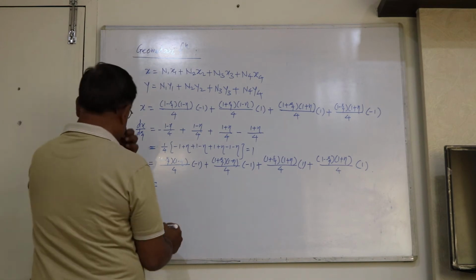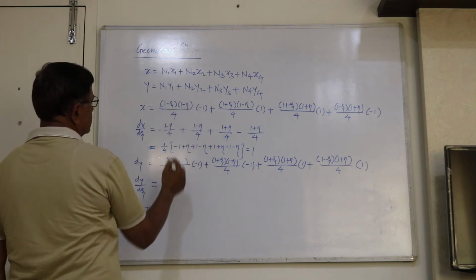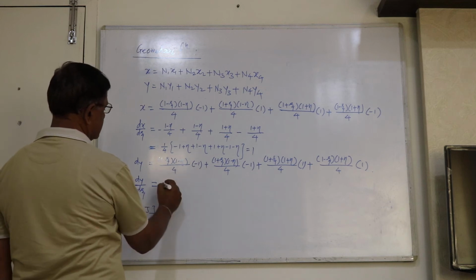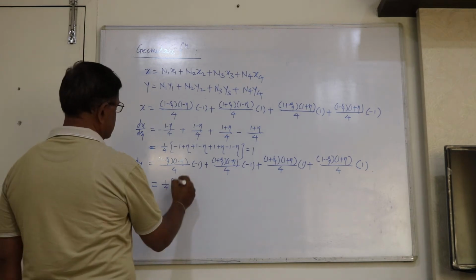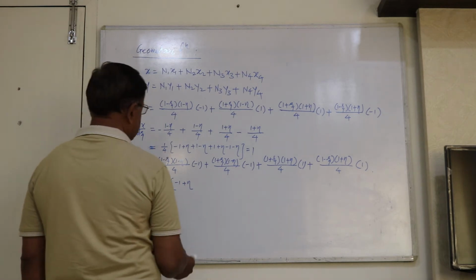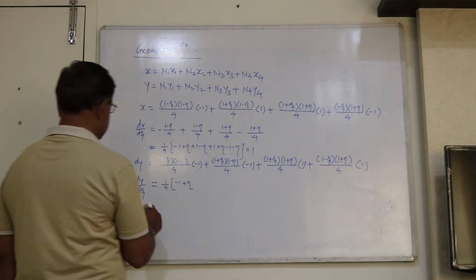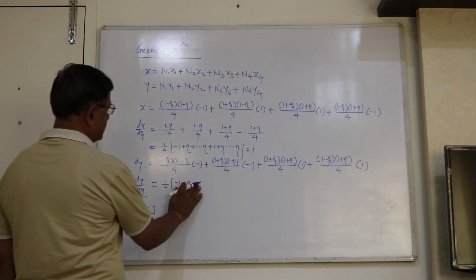But while calculating, see, this is minus, so let's take 1 by 4 outside, in bracket. So this is minus 1, minus minus plus eta. Sorry, dy by d eta we have to calculate.